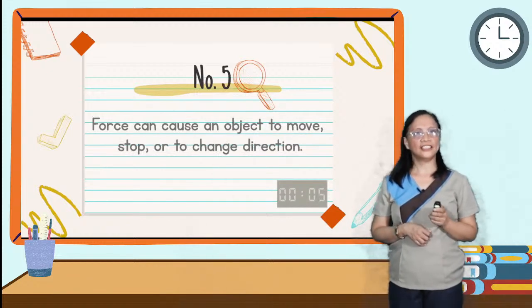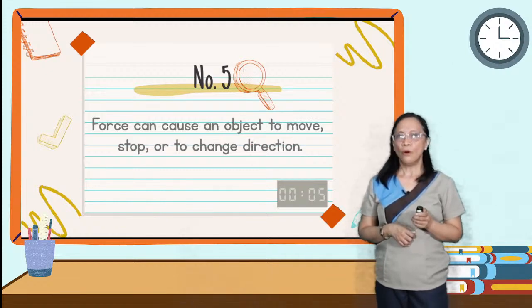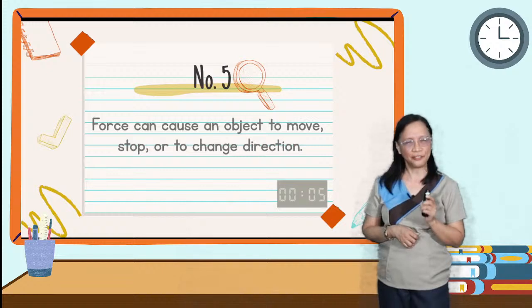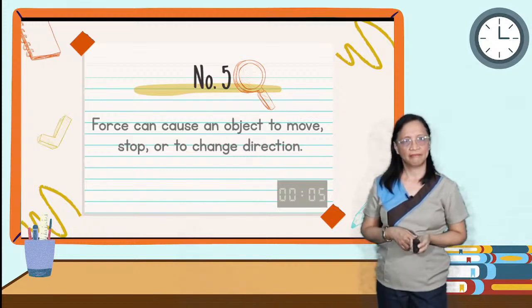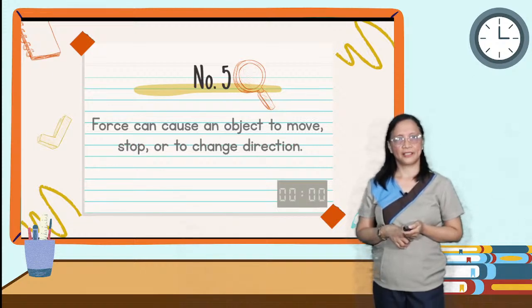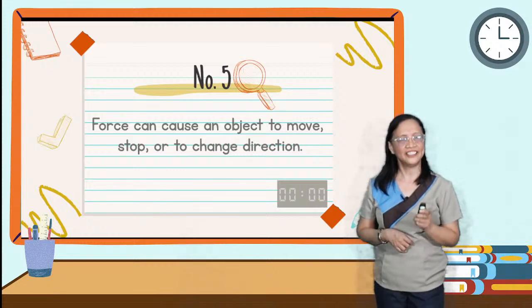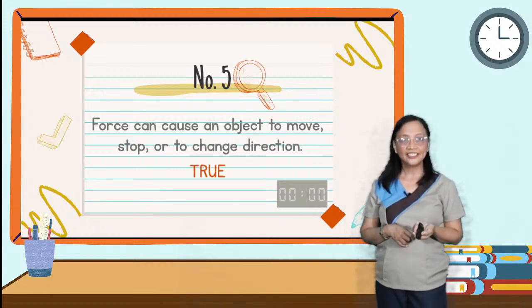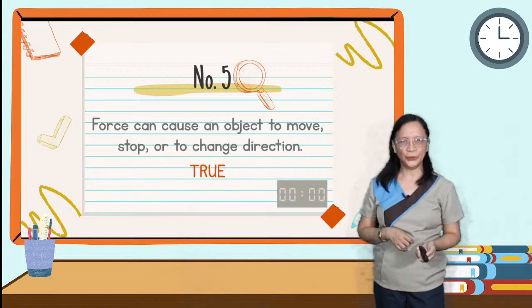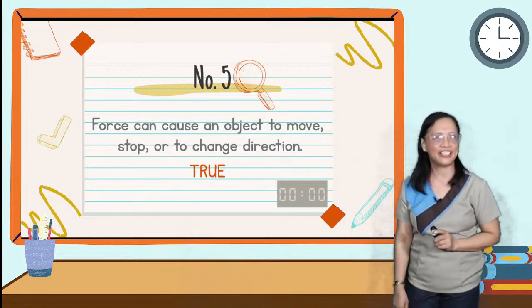Force can cause an object to move, stop, or to change direction. And let's reveal the answer. The correct answer is true. I hope you got perfect in this drill activity.